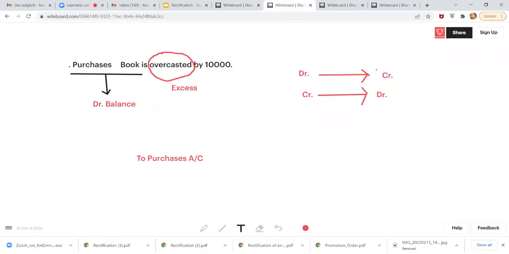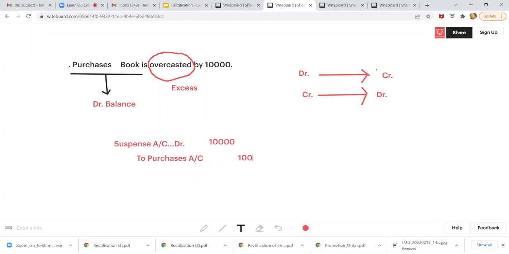So here we have to create a suspense account, to fill that difference, to fill that gap, or to fill that error, so that in future we will come to know that there is some error in such kind of transaction, and the accountant will be aware of this fact. So this is fulfilled by creating a suspense account.